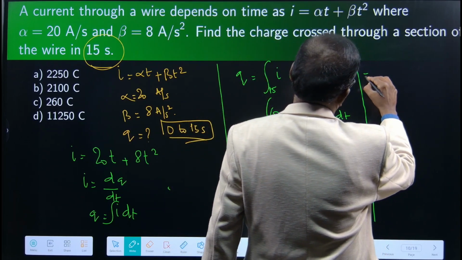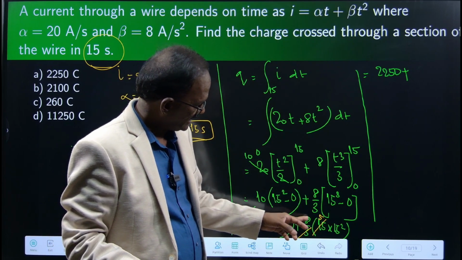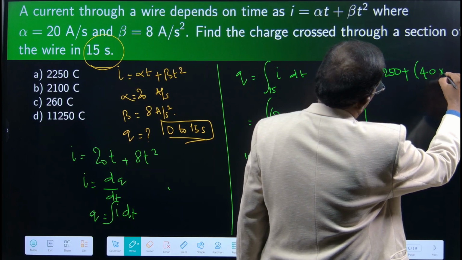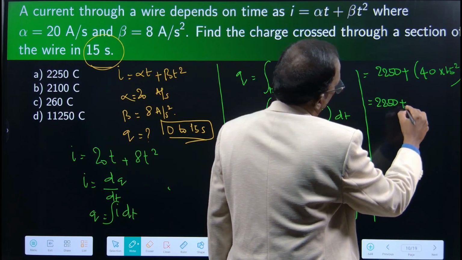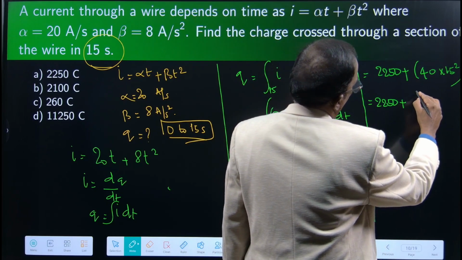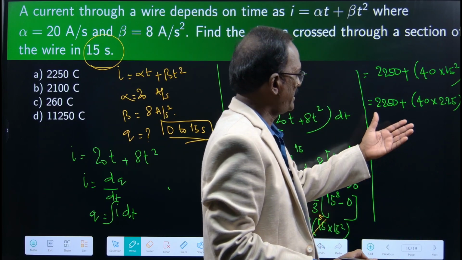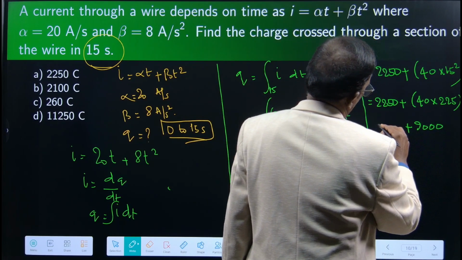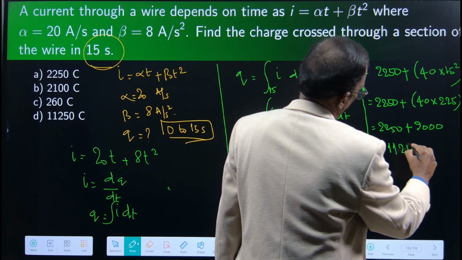10 into 225 is 2250, the first term. This is 8 into 5 is 40, 40 into 15 square. 2250 plus 40 into 225. 40 into 225 is 9,000. 2250 plus 9,000 is 11,250.